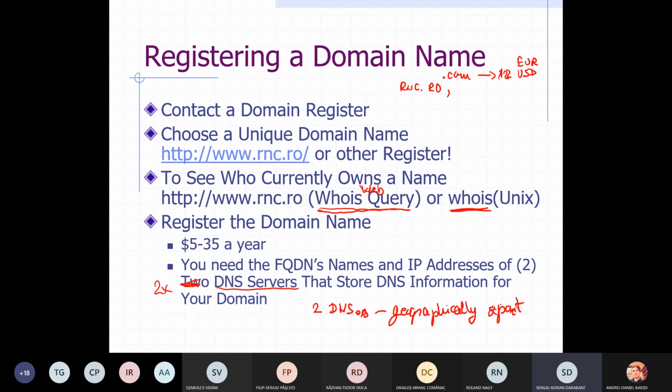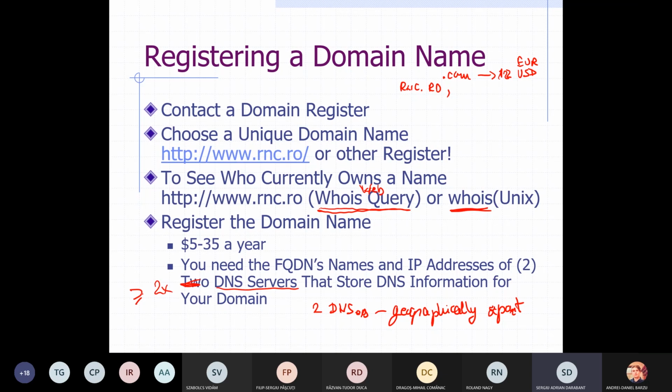For example, we have more than two at ubbcluj.ro, so at least two. We have one DNS server in the main building of UBB. We have another one in another building, and then we have another two in Bucharest.